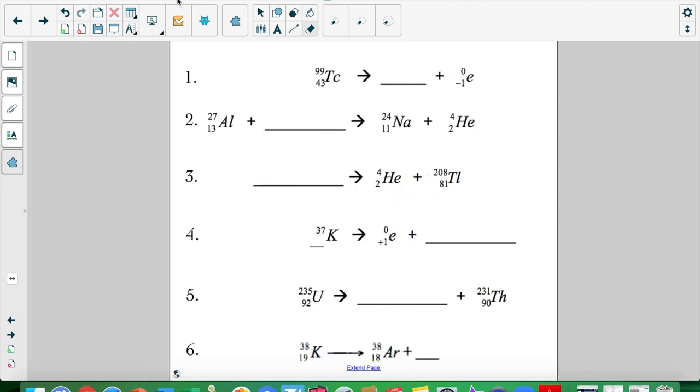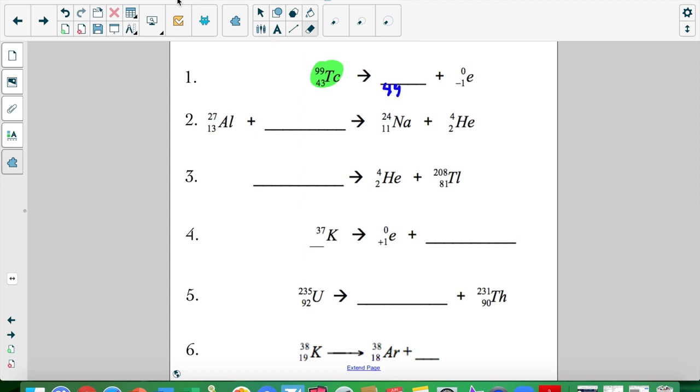Okay, so here we have more problems that we need to solve, more nuclear equations, but it's almost always the same, okay? So we have an isotope over here, technetium, that has an atomic number of 43 and a mass number of 99. So what number minus 1 is 43? That's going to be 44.